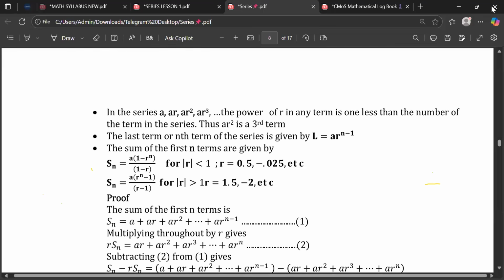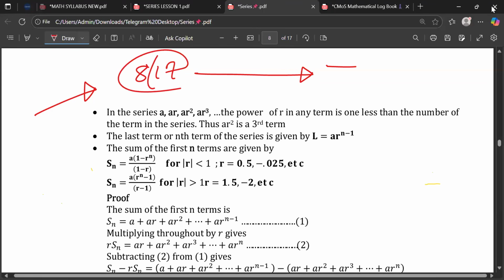So those who have a very keen eyesight, you can see that this is where we shall begin from. And we're on page 8 of 17. So as usual, in our first lesson, we have managed to cover 50%. And that's what we always do. If we manage to cover 100%, well and good. If we don't, two lessons, we are done.